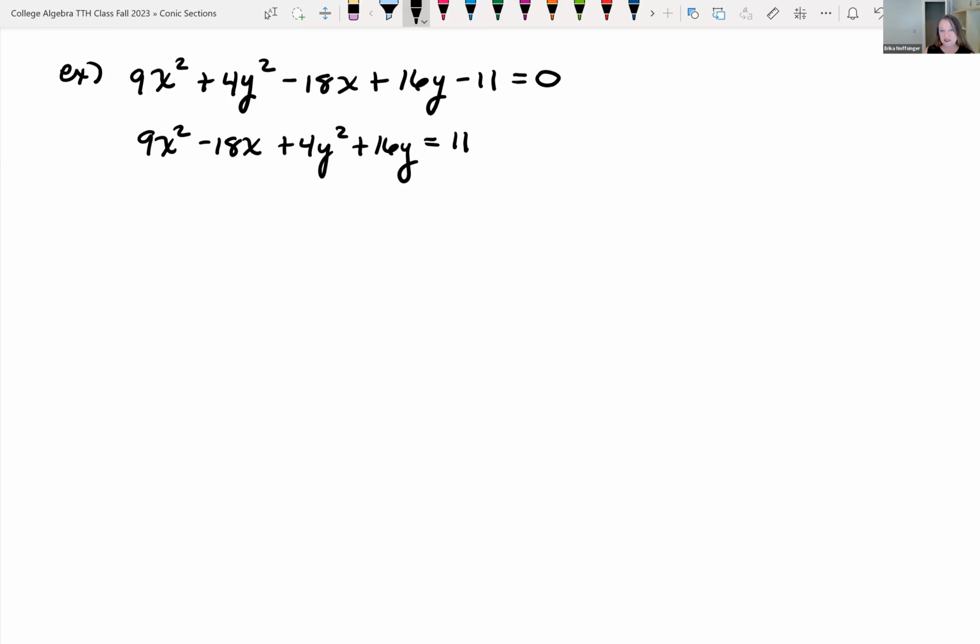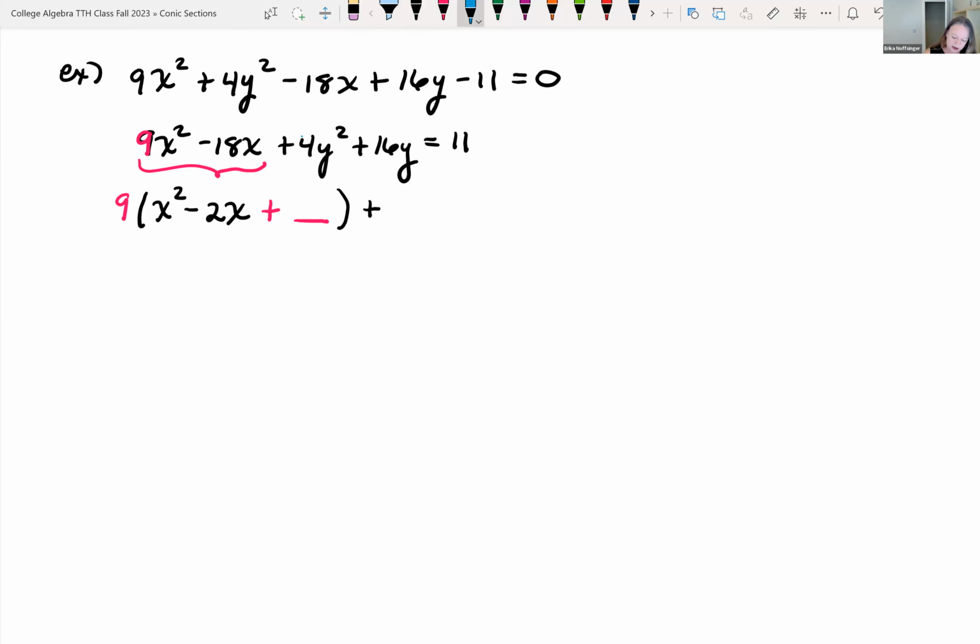In order to complete the square, recall the coefficient in front of the x squared or y squared in fact has to be 1. So I need to factor out that 9, and I want to factor it out of all the x terms. So factoring a 9 from this 9x squared minus 18x, we get 9 times the quantity x squared minus 2x. I'm going to add something in here to make this a perfect square, plus.